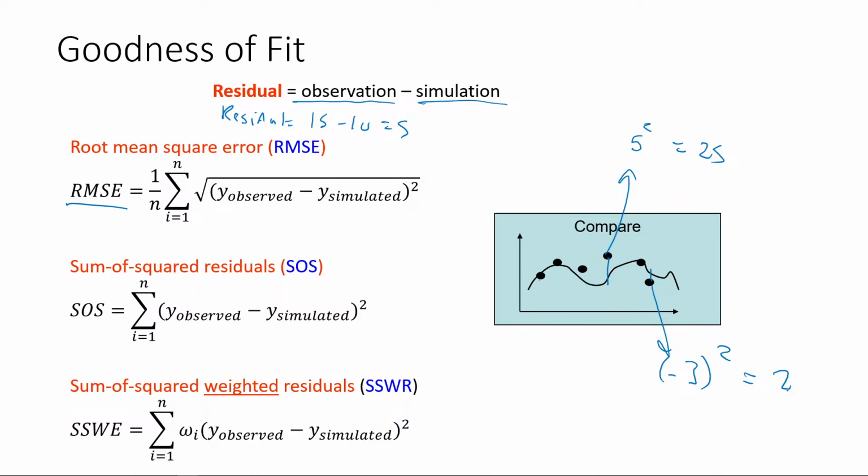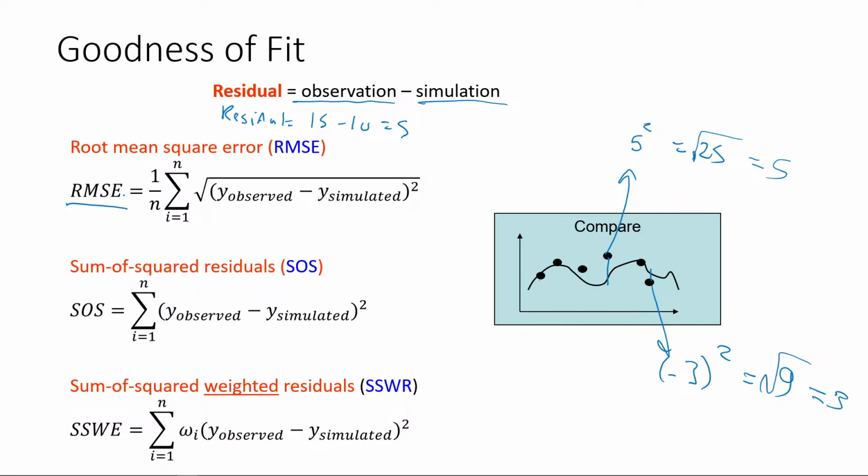Then you add these guys, so that would be 36. After you square it, you take the square root. You square 5, and that would be 25. You square minus 3, that would be 9, and then if you take the square root, you get 3.